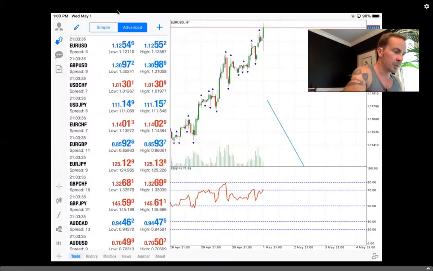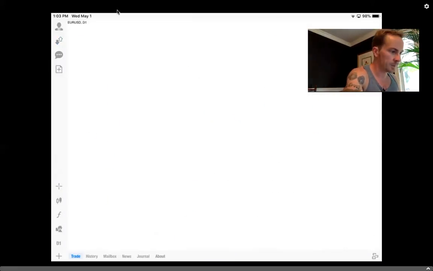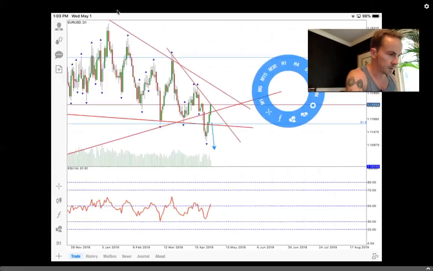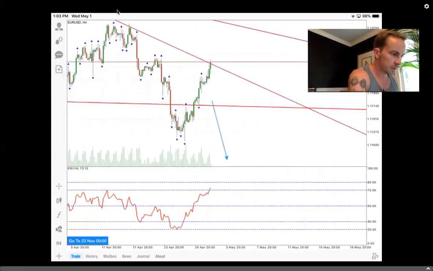Now the reason I'm looking at shorting this, but man, it's starting to take off here. We'll see how it goes. We'll see where it goes.